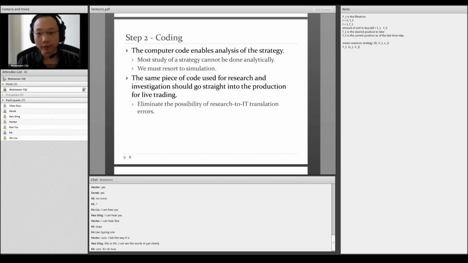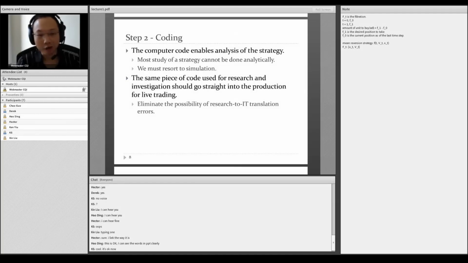Now, the idea of having the same piece of software for research and live execution is to ensure that the source code being executed in live trading is exactly the same piece of software that you use for research. This eliminates the possibility of translation errors between research and IT, and this is very important. Otherwise, what is trading on the live platform may not be exactly the same as the strategy they coded in R for research.